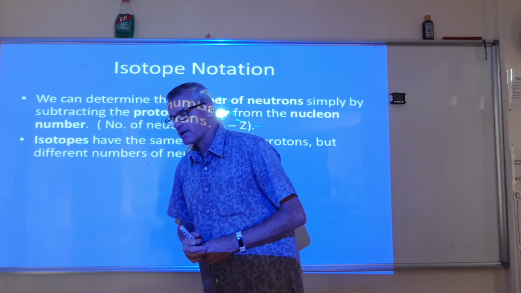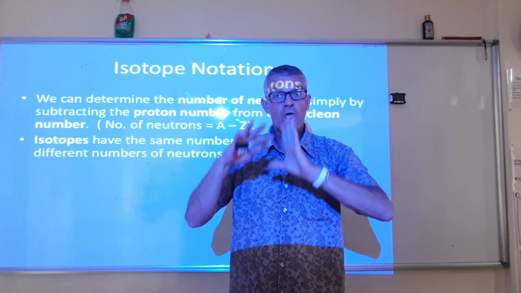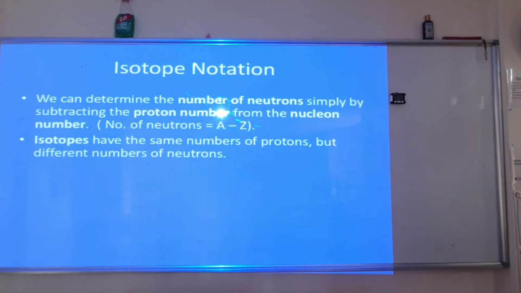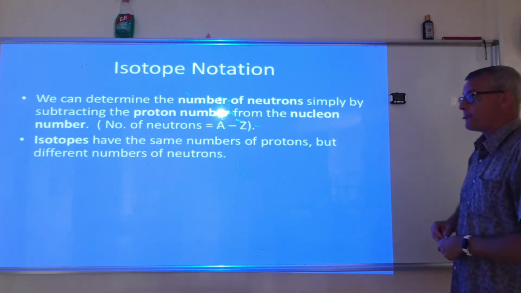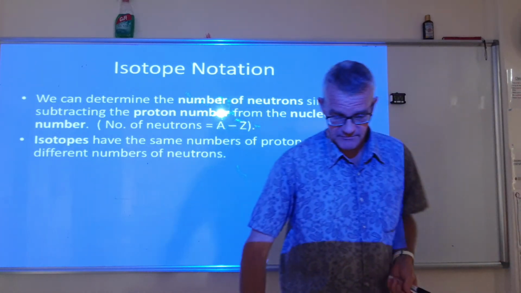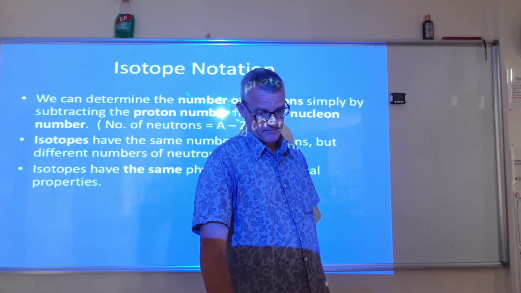Now, when we are talking about an isotope with no overall charge, it means it has the same amount of electrons. Okay? So, isotopes: same amount of protons, different numbers of neutrons.